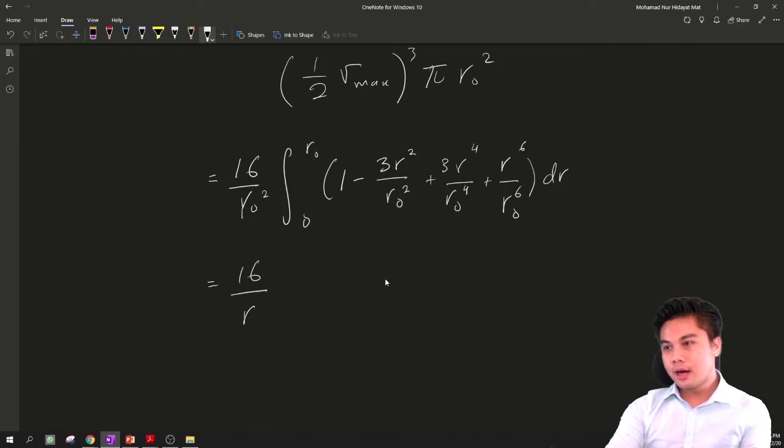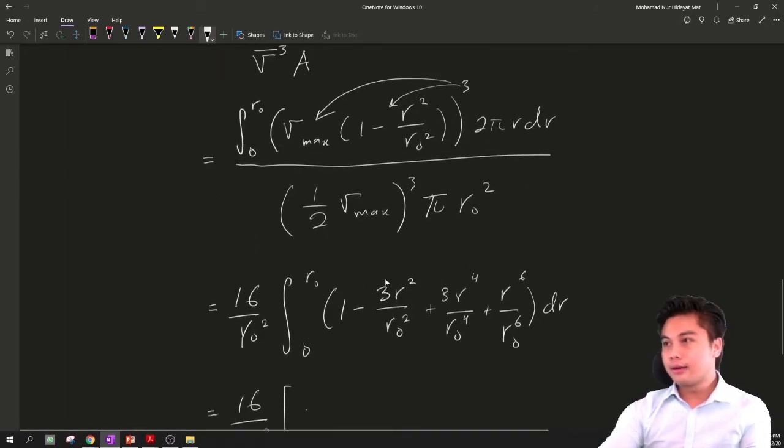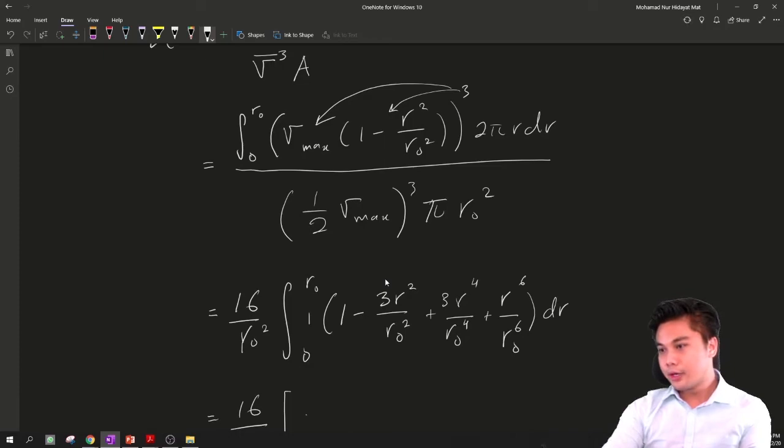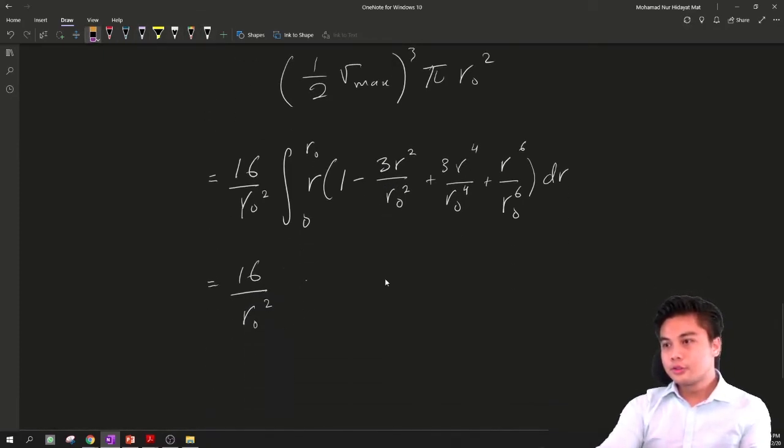16 over r naught squared integration. We have the r here, so try to solve this one. We multiply r inside.